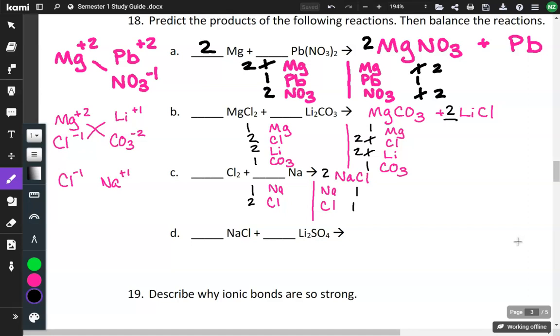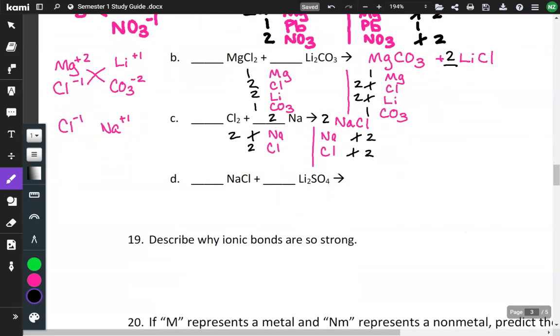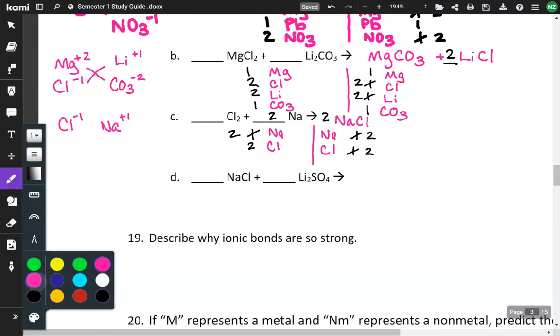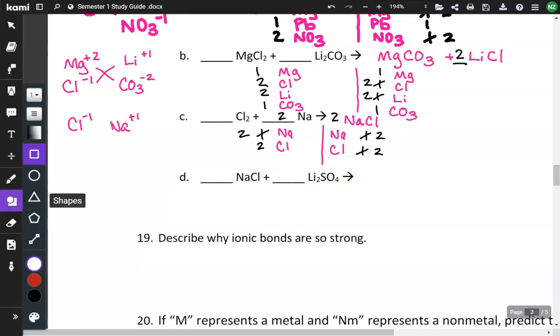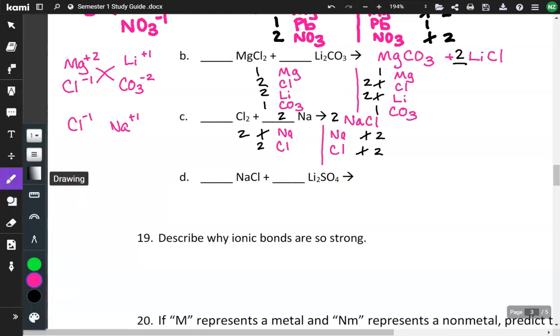So if I put a 2 here, that becomes a 2, that becomes a 2, that becomes a 2, and we're done. Okay, moving on to the next one. That last one was a synthesis reaction. Just putting 2 things together.